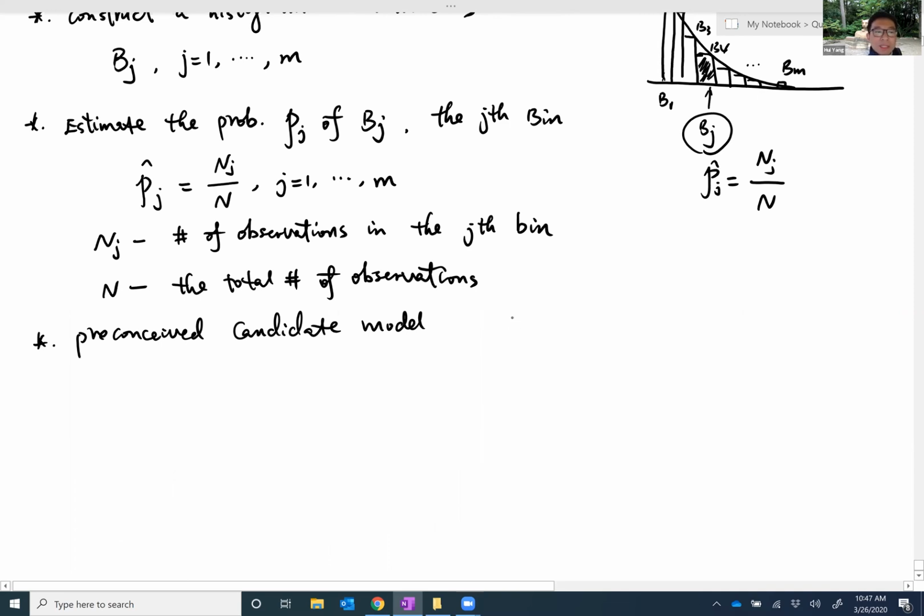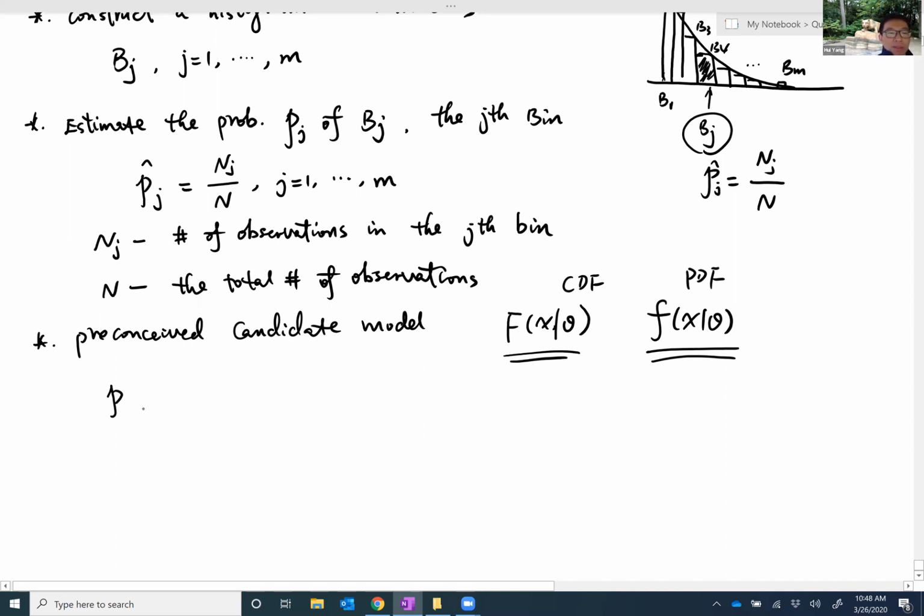Obviously, if we have the preconceived model, we will have F(x) with parameters theta. This is the CDF function. We also have the PDF function, f(x given theta). Okay, so if you give this candidate model, and we want to get Pj, this will be the probability that x belongs to the j-th bin.